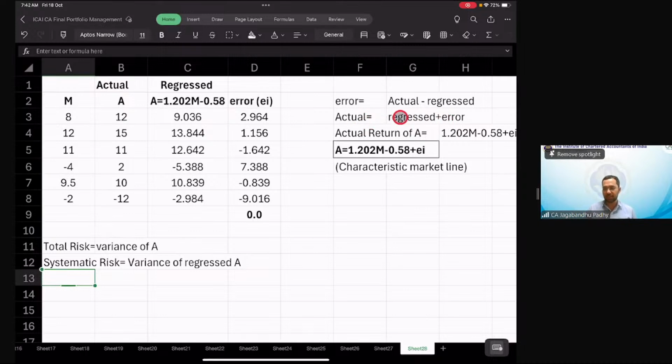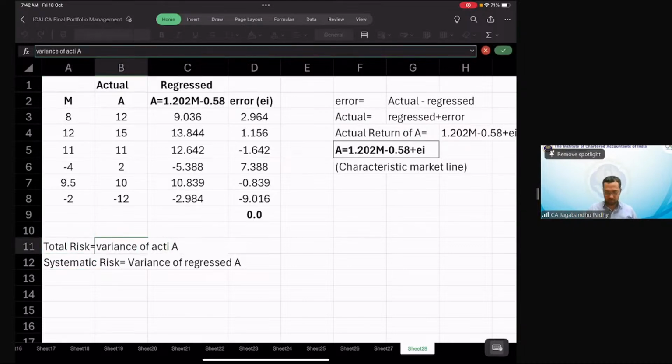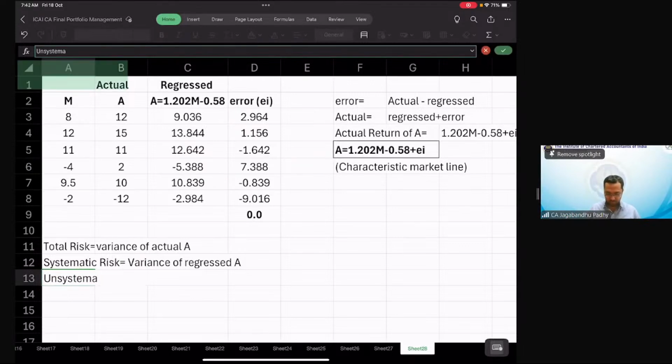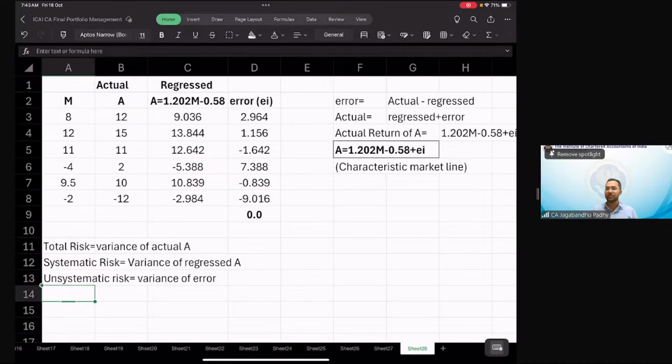So the variance of actual A is the total risk, whereas systematic risk is represented by the variance of this regressed portion. And what is the unsystematic risk? Unsystematic risk is given by the variance of error.